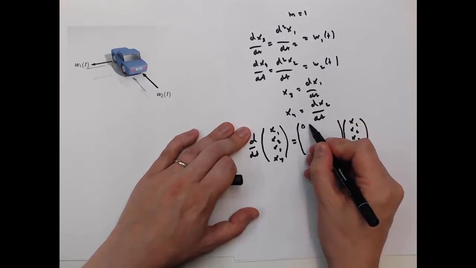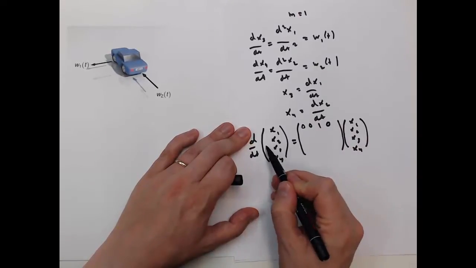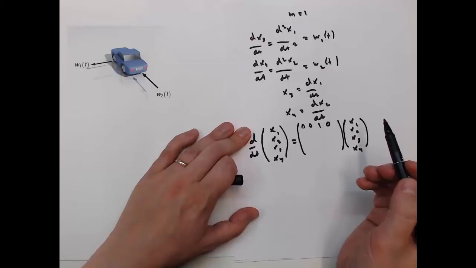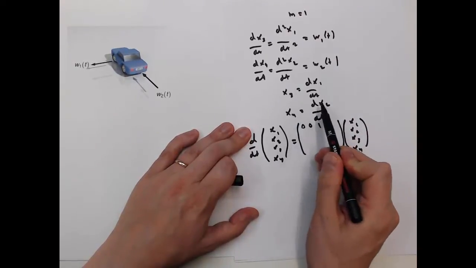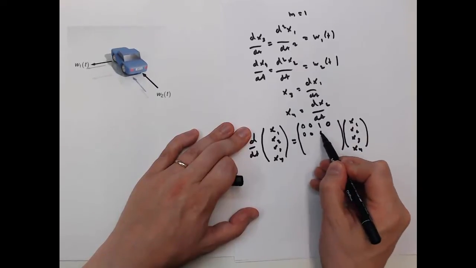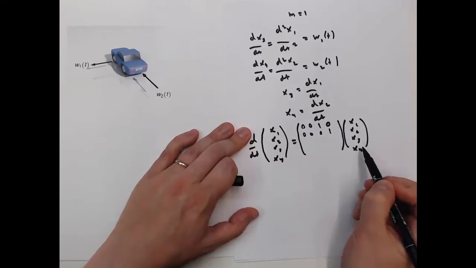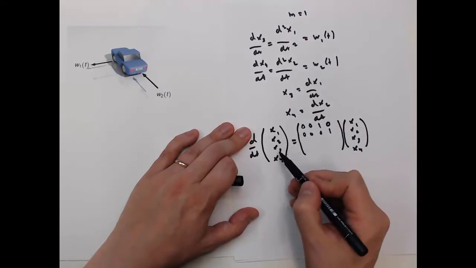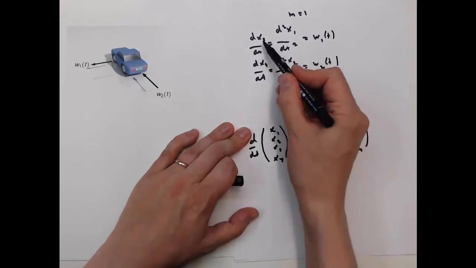So 0, 0, collect x3 here, 0. The time derivative of x2 will be given by this equation, so it's equal to x4. So 0, 0, 0, collect 1 here. Or collect x4 here. And then the time derivative of x3, well, it's here.